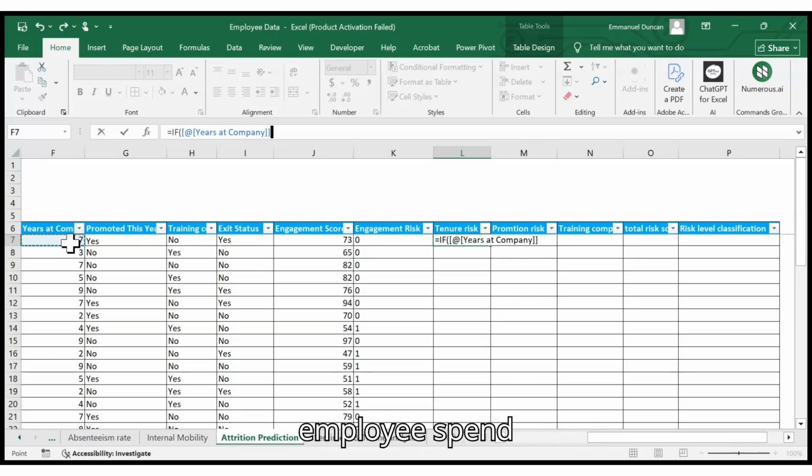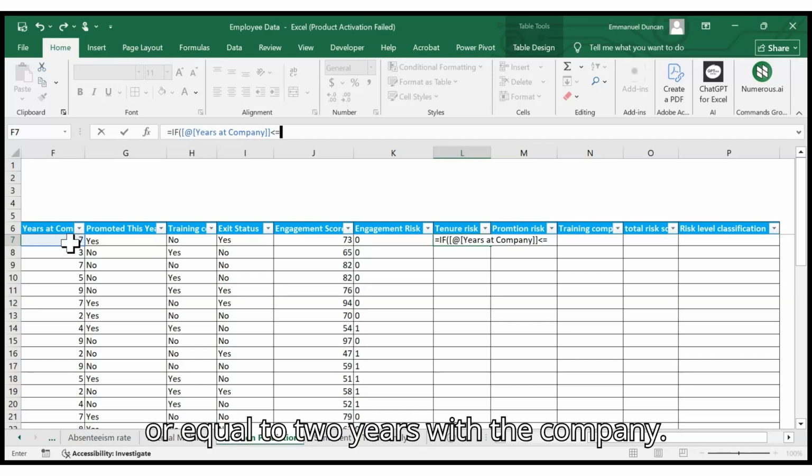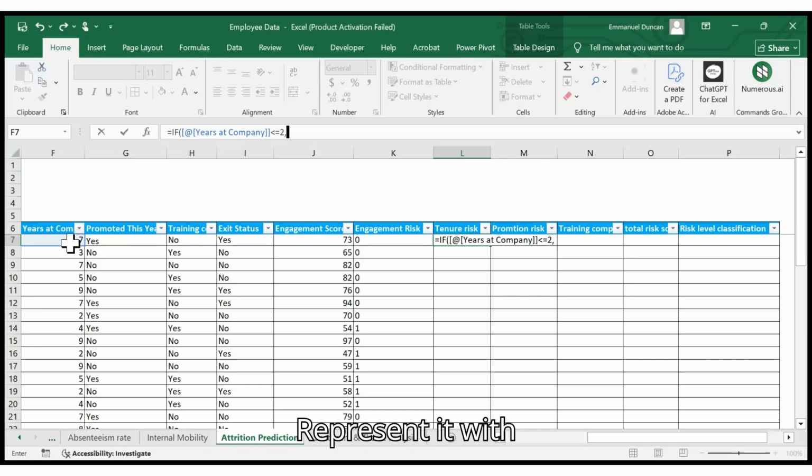If the employee spent less than or equal to 2 years with the company, we represent it with 1. If not, 0.